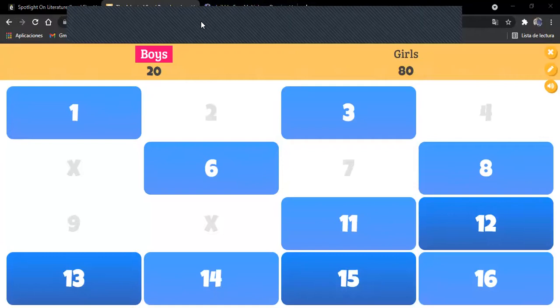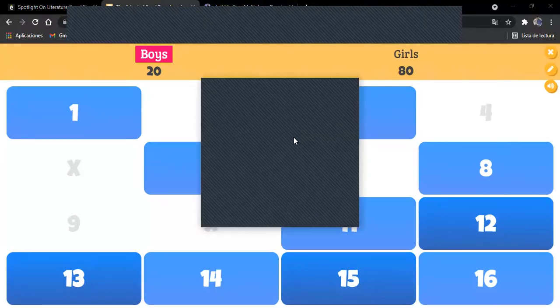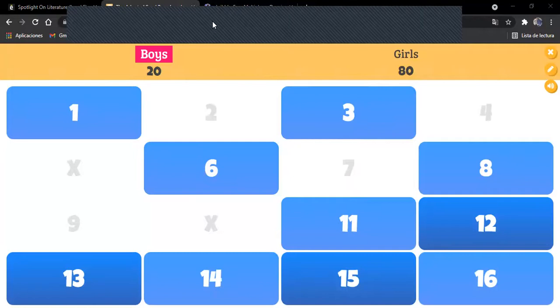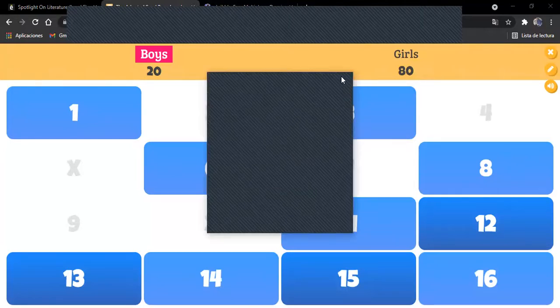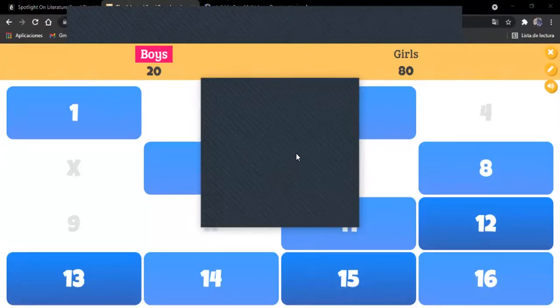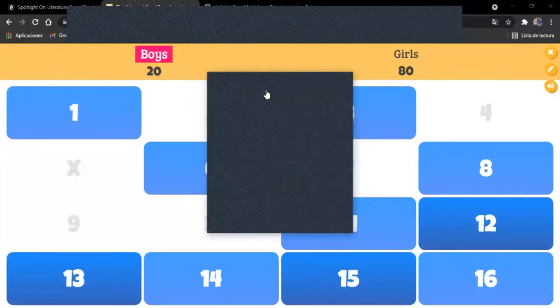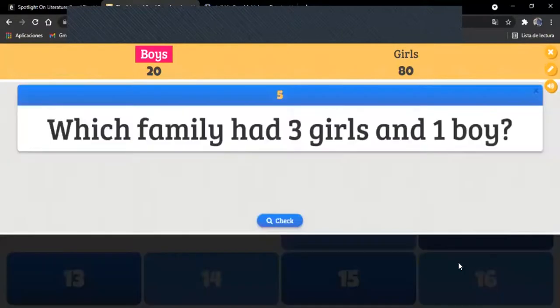Boys. Gabriel. Ah, wait. There's Daniel. Alessandro. 16. Which family had 3 girls and 1 boy? The Tuvach or the Balangs?